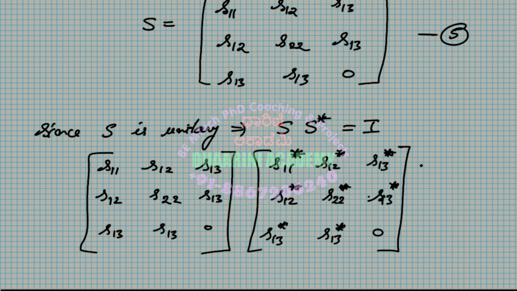What should be the result? The result should be the identity matrix of the same size, with 1s on the diagonal and 0s elsewhere.